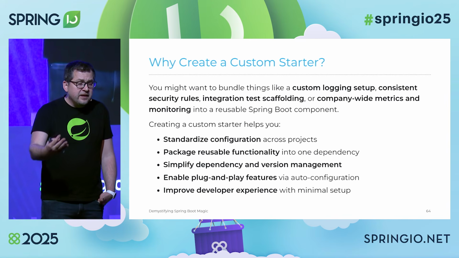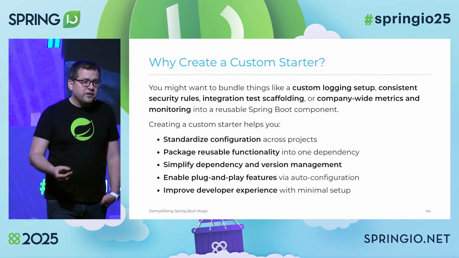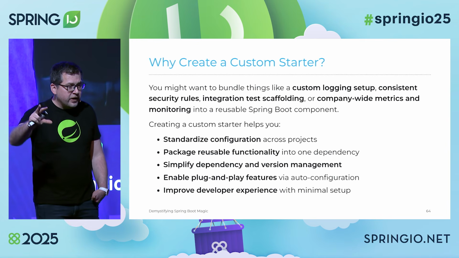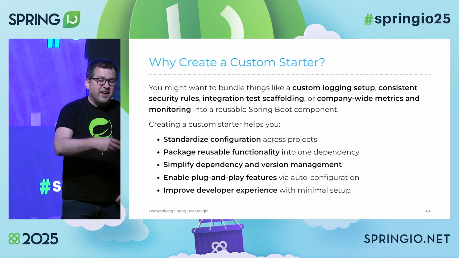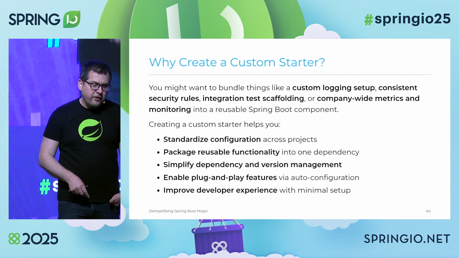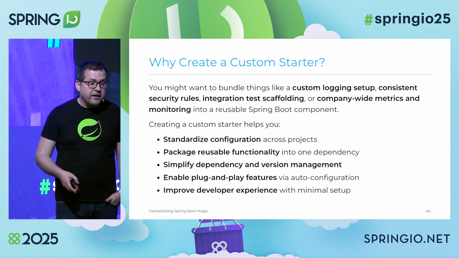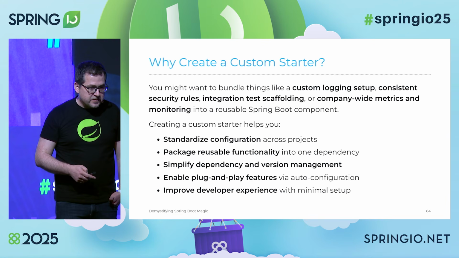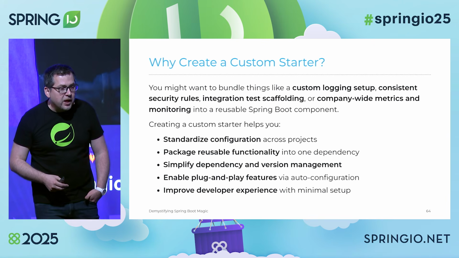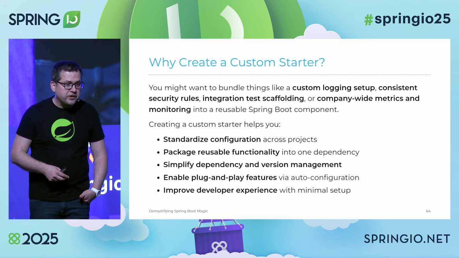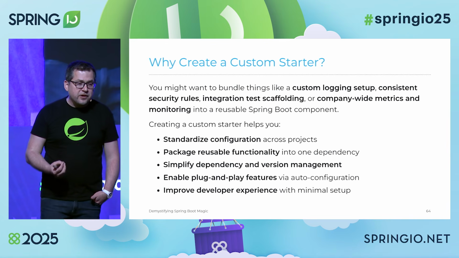Previously, you might have done libraries and told the others, copy the code of the configuration, integrate it in your app, and these days, you would do your own starter. The starter does not have to be on start.spring.io. You can just add it yourself to your repository and pull it in. That doesn't matter, right? Others are doing the same, if you think of certain product vendors. And starters really help you standardize configuration and have reusability of functionality.